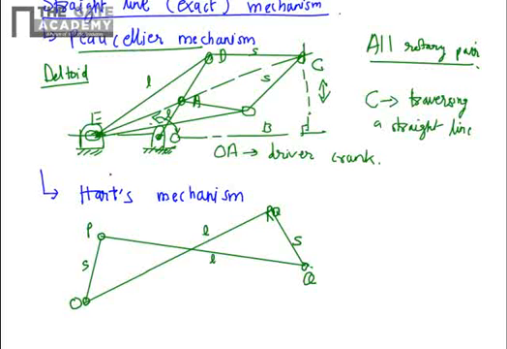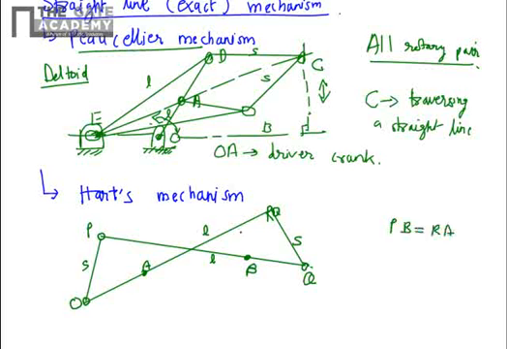Now on the longer link, you can choose any point named B, and of the same length, you can choose a point coming from R on this mechanism, termed as A. So PB is equal to RA.